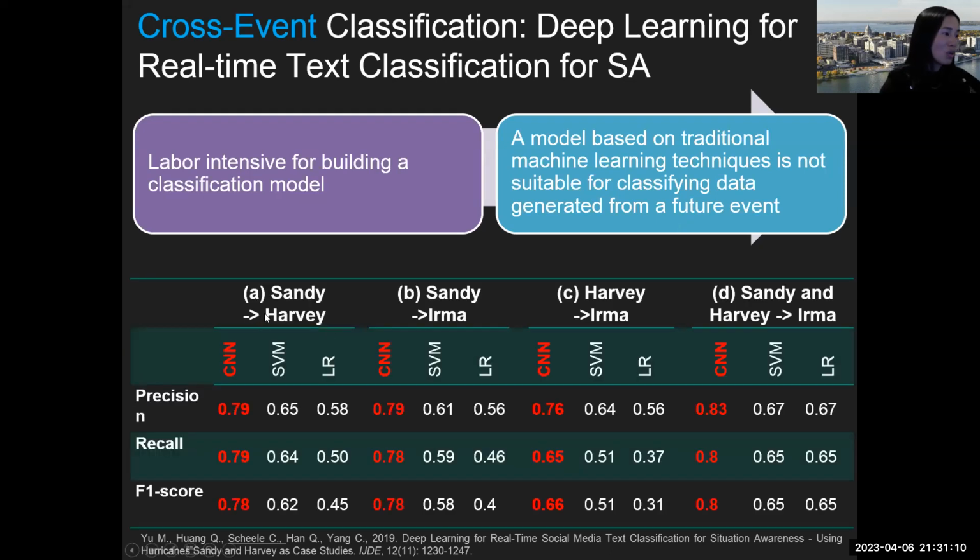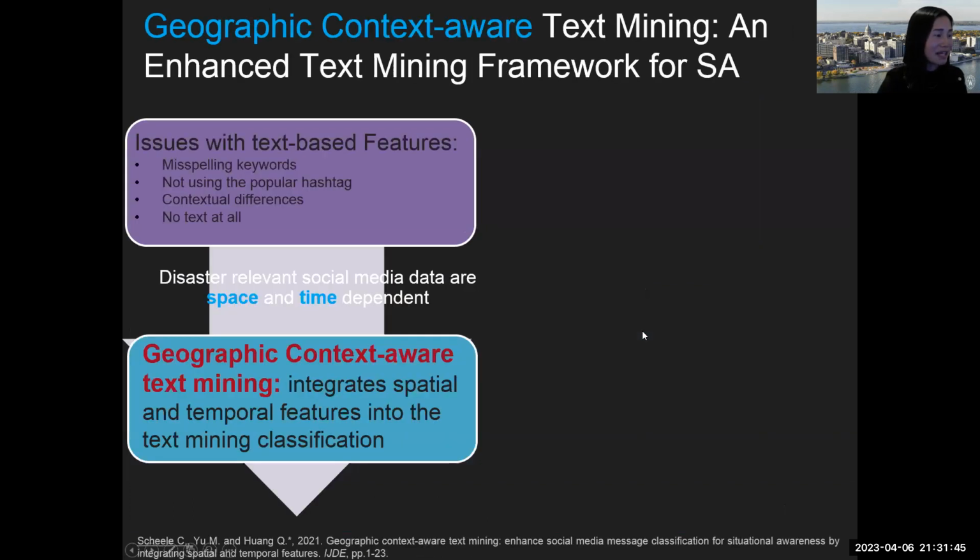For example, we can train the model utilizing Sandy data sets to classify the data sets generated during Harvey, Sandy to Irma, and compared to traditional machine learning models such as support vector machine and logistic regression, the model achieves much better performance across different evaluation metrics. And if we combine multiple historical events such as Sandy and Harvey, we can achieve even higher performance.